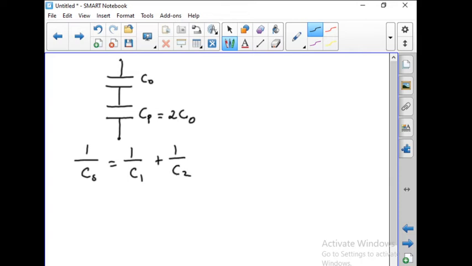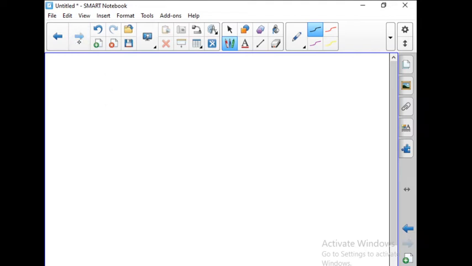Here we can take 1 by C0 plus 1 by 2 C0 is equal to, taking common denominator 2 C0, 2 plus 1 is equal to 3 by 2 C0.